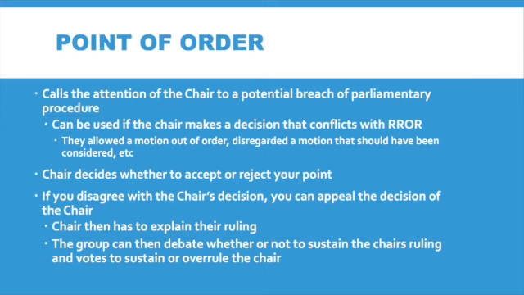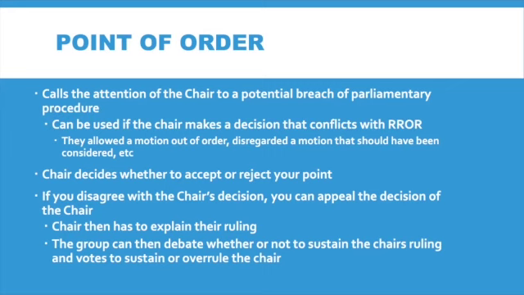So some key concepts in this chapter deal with point of order, point of information, and how to appeal decisions made by the chair. And we want to make sure we can speak to each of these with clarity. So point of order. It calls the attention of the chair to a potential breach of parliamentary procedure. It can be used if the chair makes a decision that conflicts with Robert's Rules of Order.